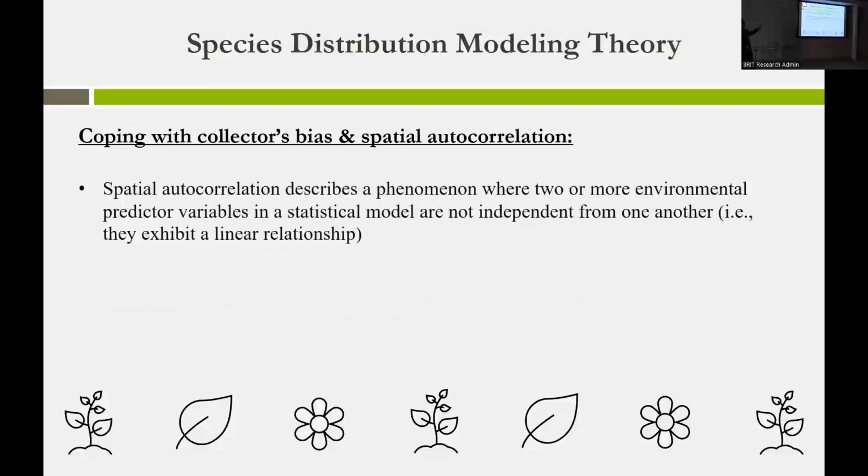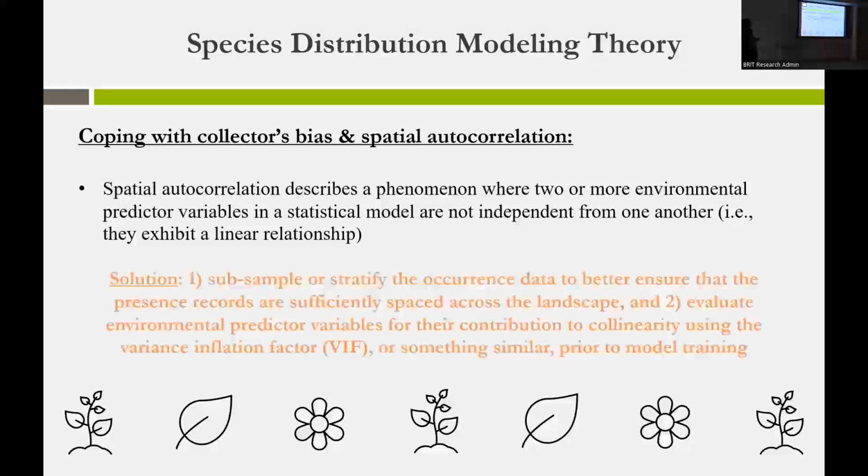And this spatial autocorrelation is this phenomenon where two or more of our environmental predictor variables in a statistical model are not independent from one another and exhibit a linear relationship. And this is again where our knowledge of our target species and their natural history really comes into play, because we'll use a statistical technique such as the variance inflation factor to assess predictor variables for their contribution to collinearity and remove predictors that are collinear.